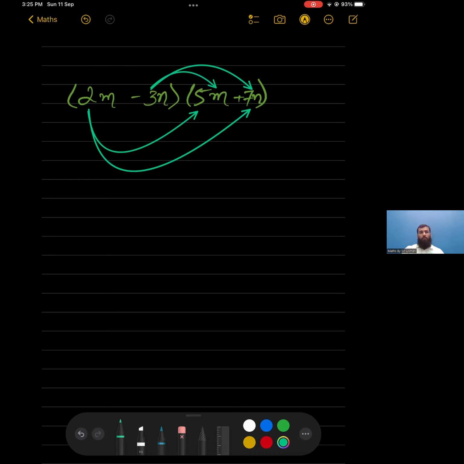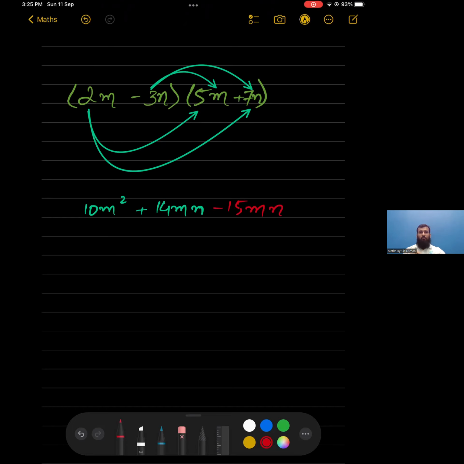So we have got 2m with 5m first. So this is going to be 10m squared. Then we'll multiply 2m with positive 7n. So हमारे पास आ जाएगा 14mn. Then the next thing is negative 3n with 5m. So we'll be having negative 15mn.